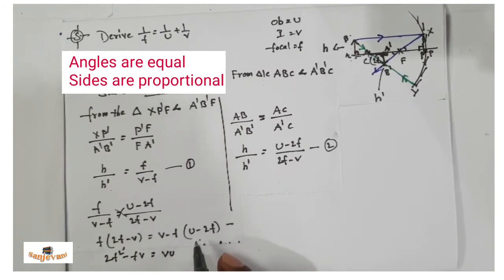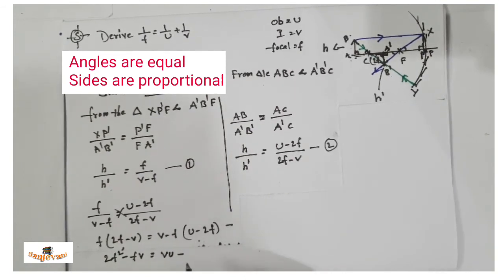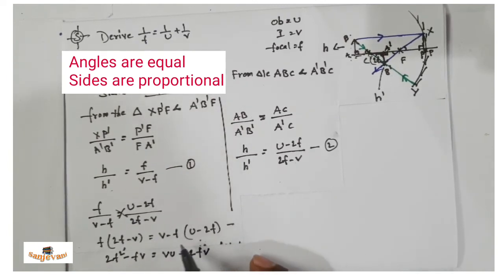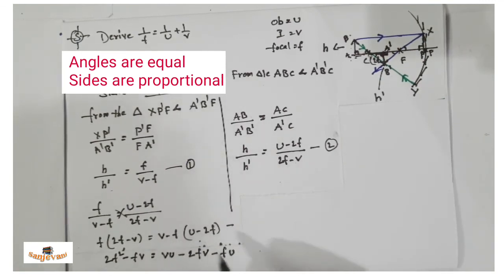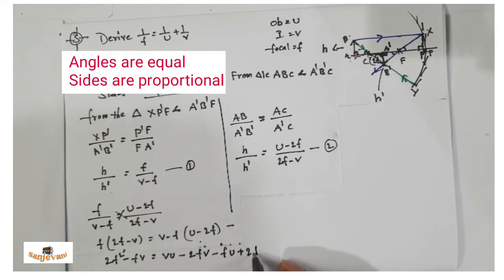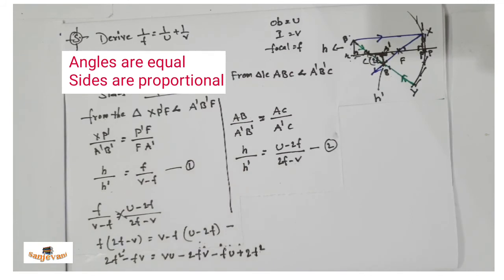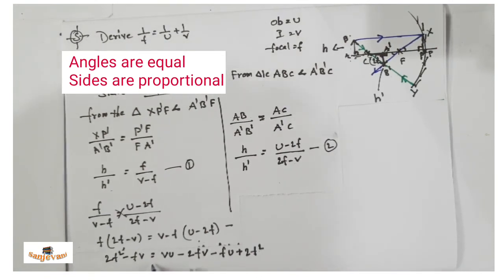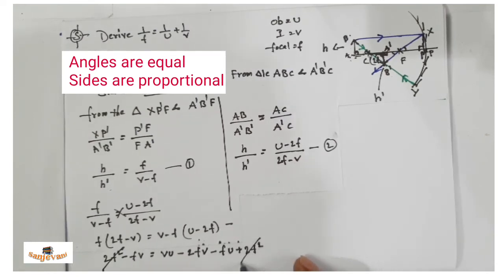Next v into minus 2f is minus 2fv. Next we multiply minus f with u, that is minus fu, and minus into minus is plus, f into 2f, 2f square. Observing this, here we got plus 2f square and here plus 2f square on both sides, so these two terms get cancelled.